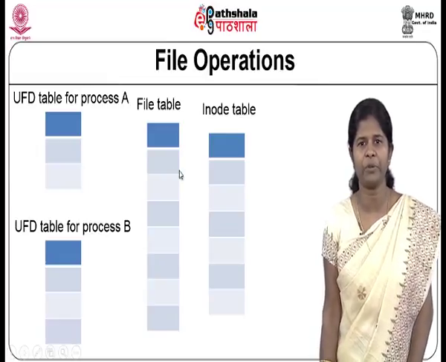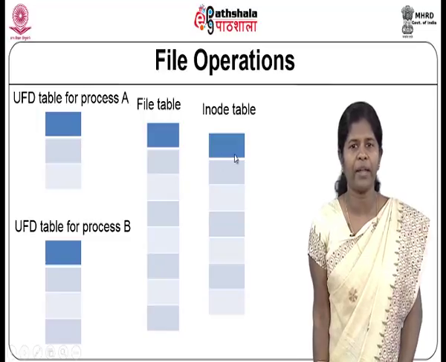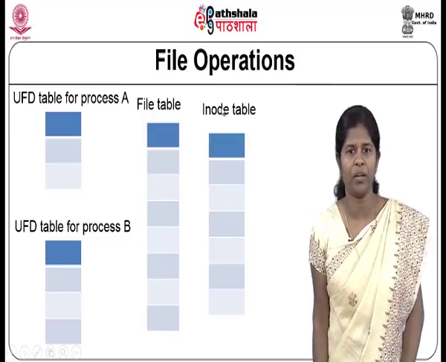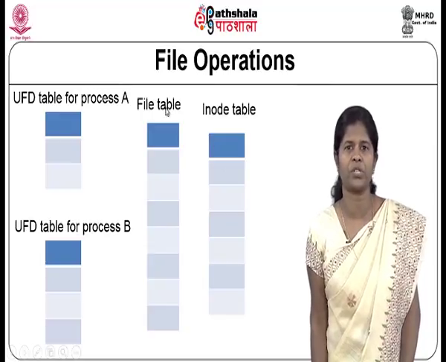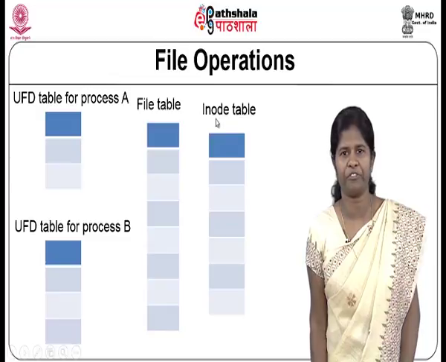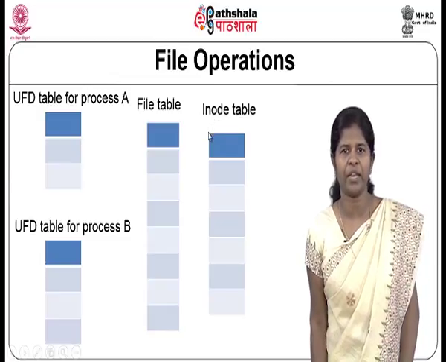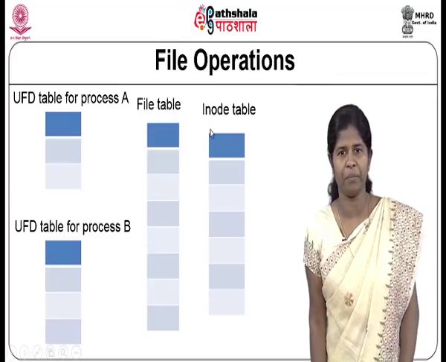And in the case of Unix, each file has got something called an inode. This inode has got information about all the attributes of a file. Say for example, details about the file are maintained in the inode for that particular file. So, what are the details that are maintained?